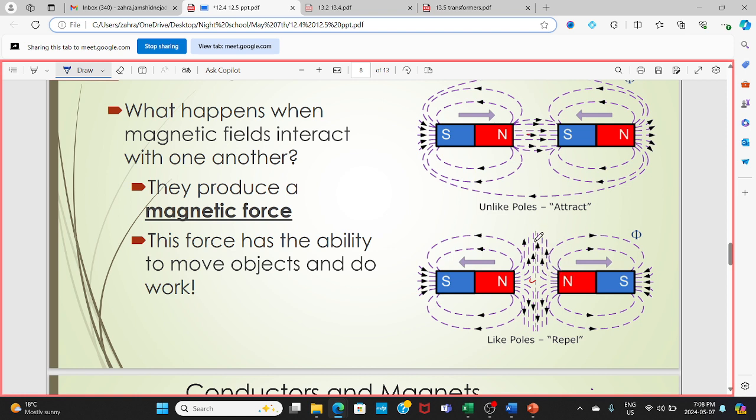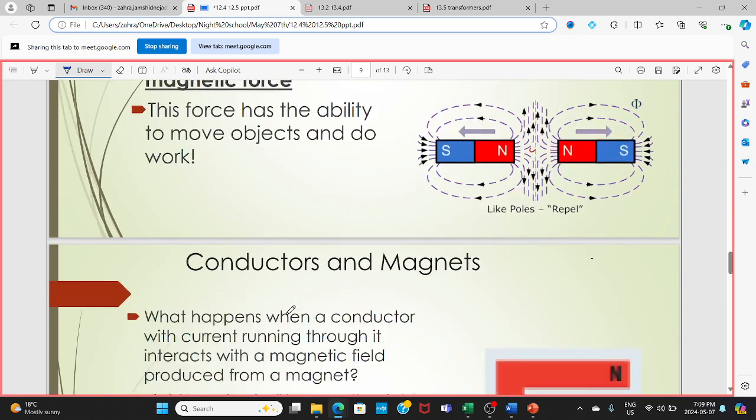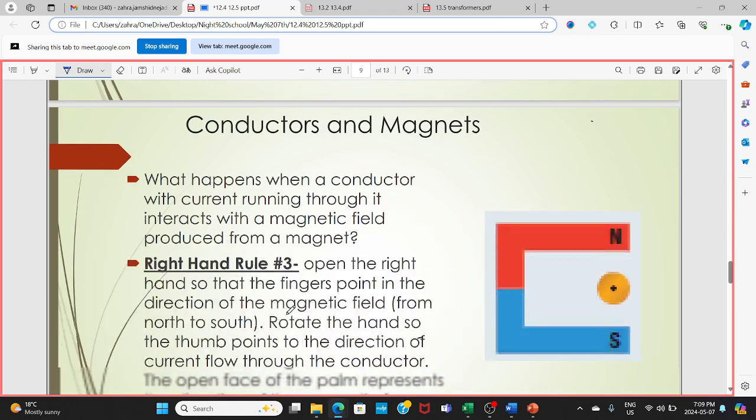See the field kind of escaping from each other, not connected here, but here they go from north to south, they connected. Now, when they attract, they pull each other with force, right? So the magnetic field can apply force on objects. So it has the ability to move objects. So it has so many interesting properties.